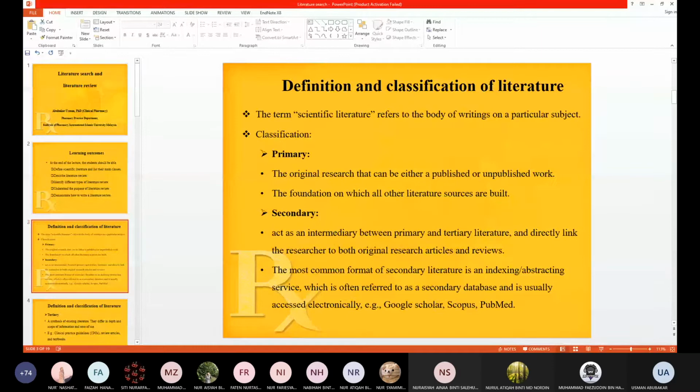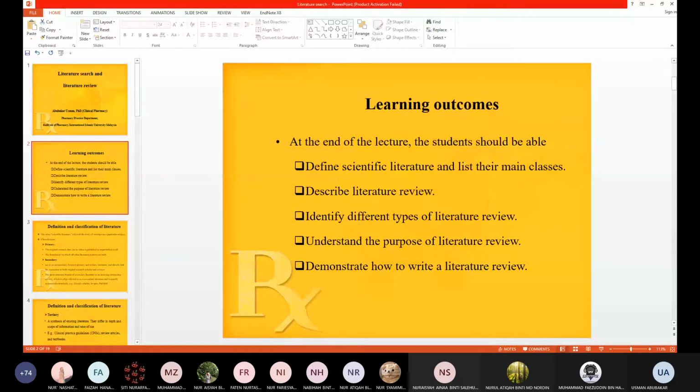So to start off with, we need to define literature. What do you understand when you hear the word literature? Today I'm going to engage you. So what comes to your mind when you hear the word literature? Writings. Okay, writing. Besides writing, any other thing? Research study.